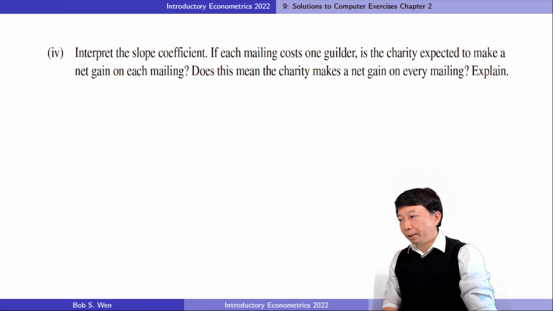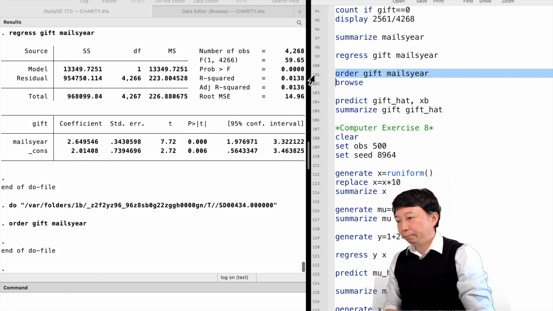If each mailing costs 1 guilder, the charity is expected to make a net gain of 1.65 guilders on each mailing. It is an average value. Some people gave no gifts, and some gave more than 2.65 guilders per mailing, as illustrated in the data editor.